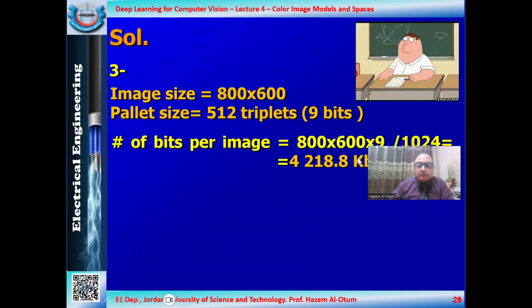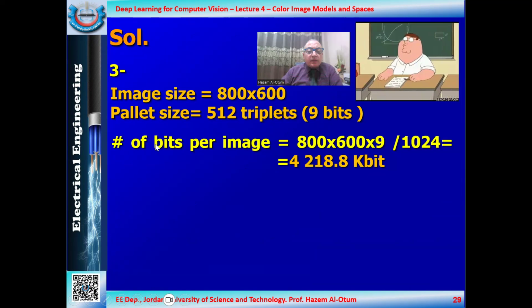Now, the number of bits per image will be 800 by 600 by 9 instead of 24. Of course, divided by 1024, because we need to convert from bit to kilobit. We have got around 4.2 megabit.